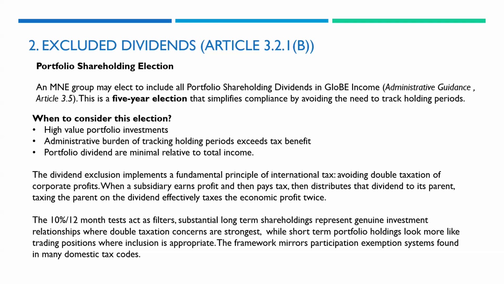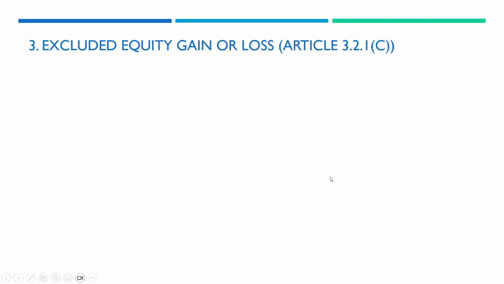Now adjustment number three. When there is dividend, there is one more thing which is adjusted. What is that? It is nothing but, my friends, capital gains. So excluded equity gains or loss. Let's understand what this is. Now let me ask you, does CT law have something like this? Excluded gains or losses?